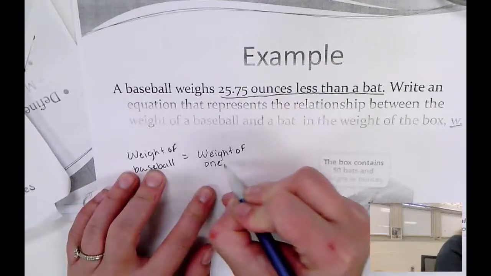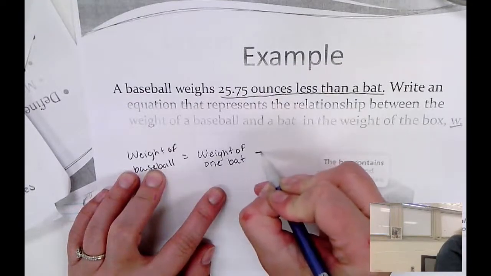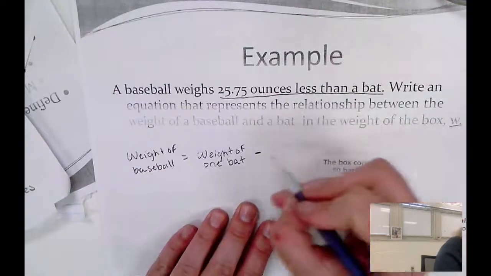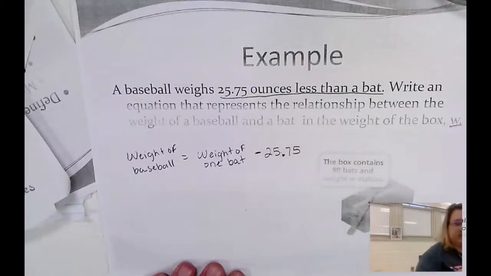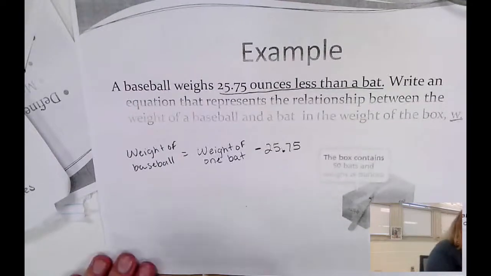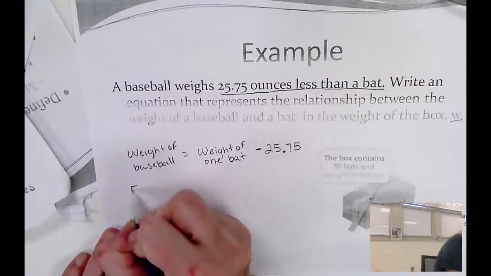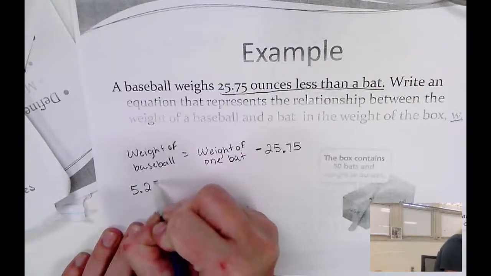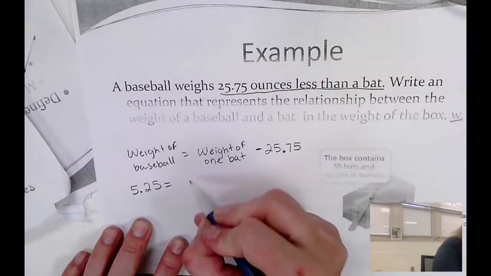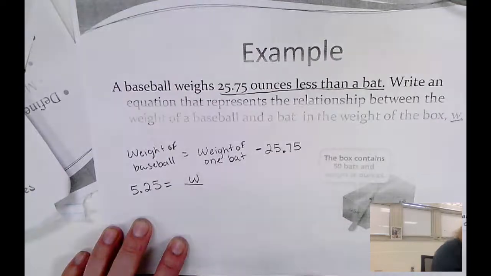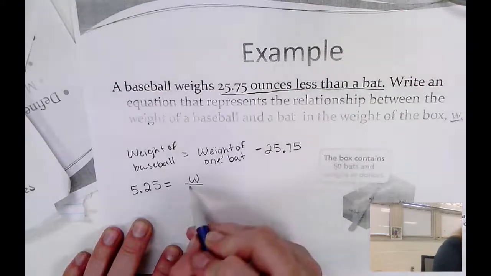So what is the weight of our baseball? Our weight of our baseball is 5.25 ounces equals, all right, so we got to figure out the weight of one bat. So we need to take the weight of the box, which is W, and divide it by how many bats are in the box, 50, minus our 25.75.